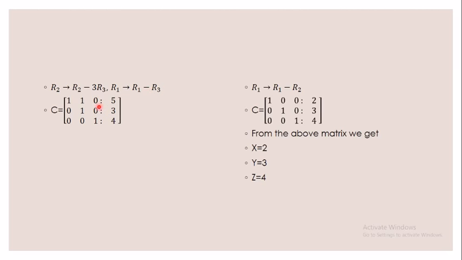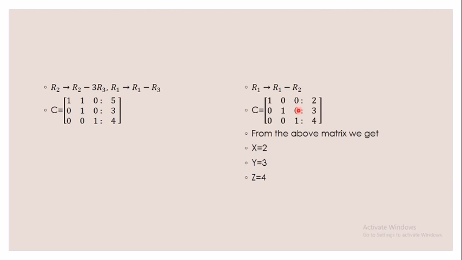Applying that, I get two elements over here as 0. Then this element should also be made into 0. For that, I'm going to apply another operation: R1 is equal to R1 minus R2, and I successfully got this also as 0. Now as you can see, all my conditions are satisfied.